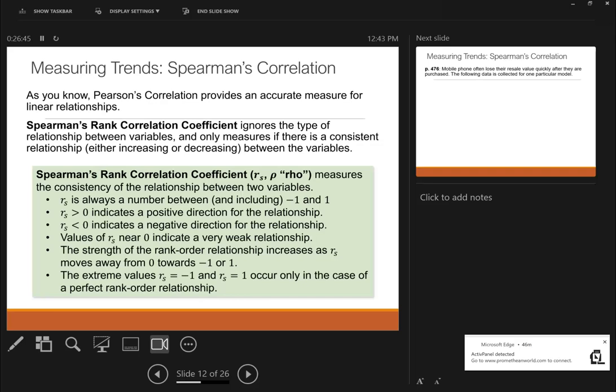The strength of that rank order relationship increases as we move away from 0. And the extreme values, -1 or 1, indicate a perfect rank order relationship. That would mean for every x, as x gets bigger, the subsequent y gets bigger, or for every x, as x gets bigger, the subsequent y gets smaller.